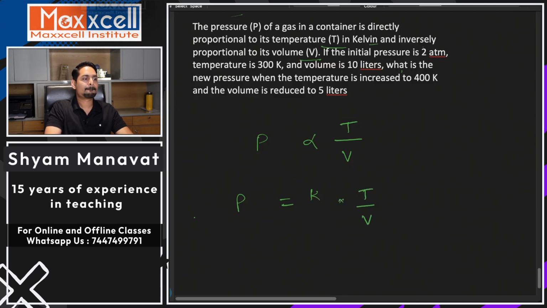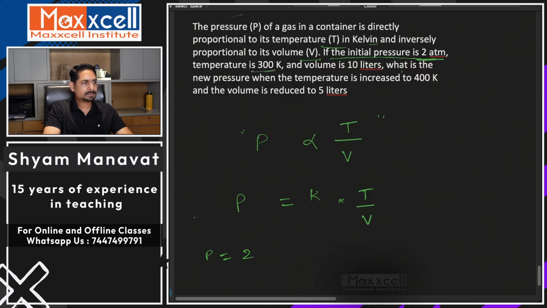Now, whenever you come across this kind of situation, where you have to make the equation, you will always have a first condition which has all the values given. You can see this. If initial pressure is 2 atm, so pressure given is 2 atm.